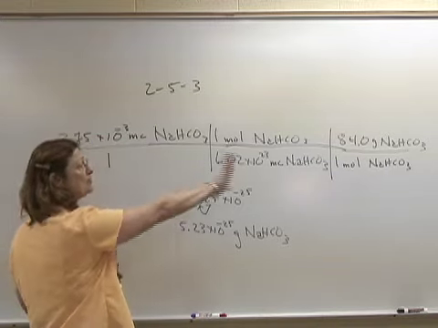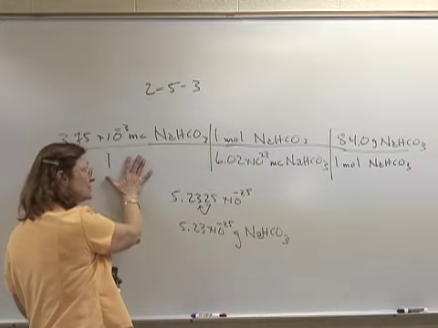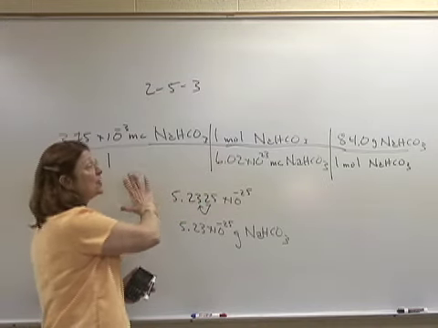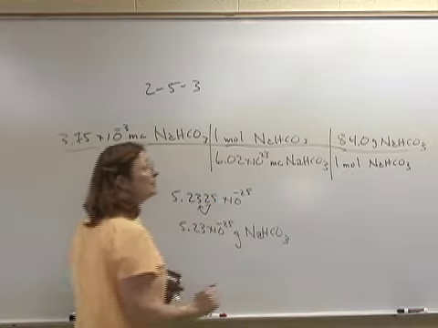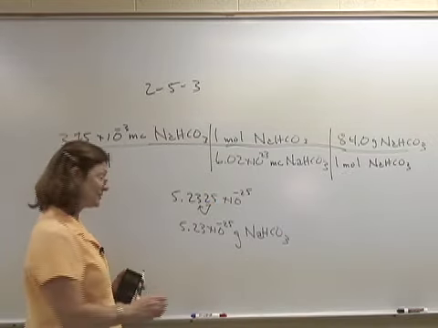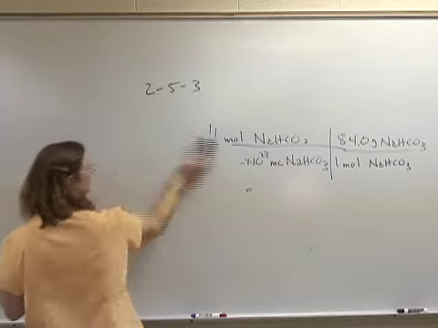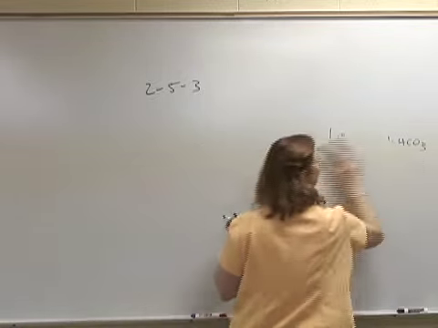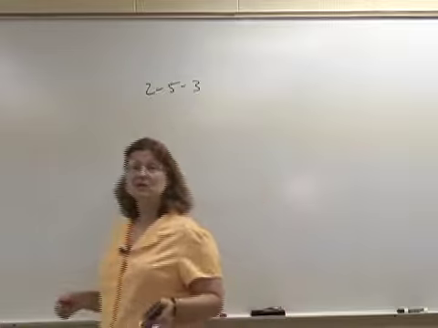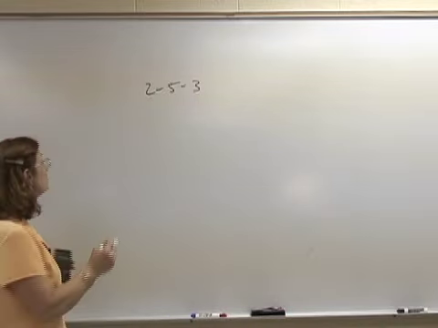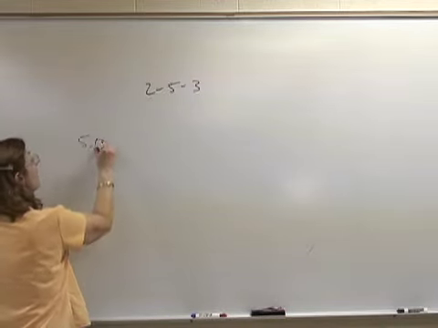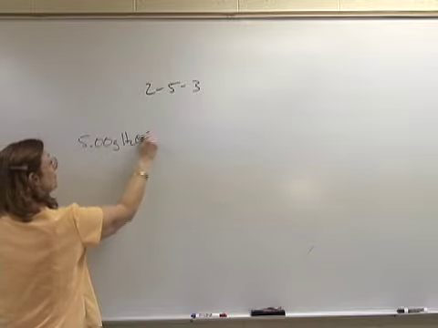Now that's in one direction, when we're going from tiny little particles to grams of a compound. Now let's do one in reverse. I'm going to start with 5.00 grams of water.